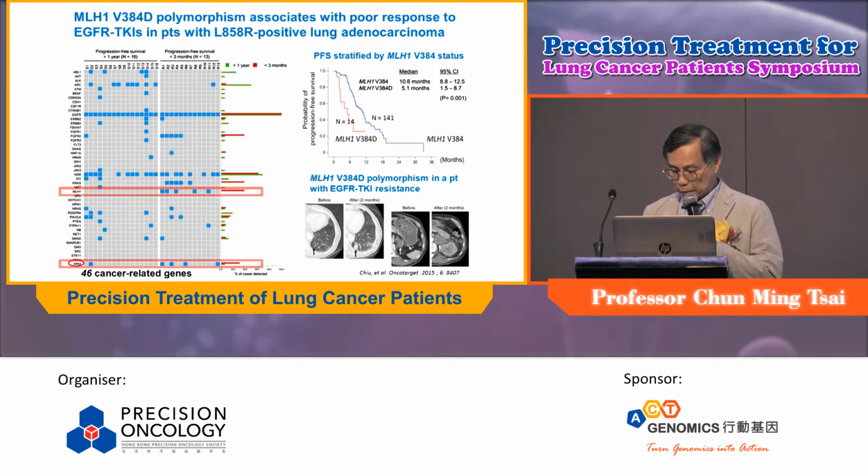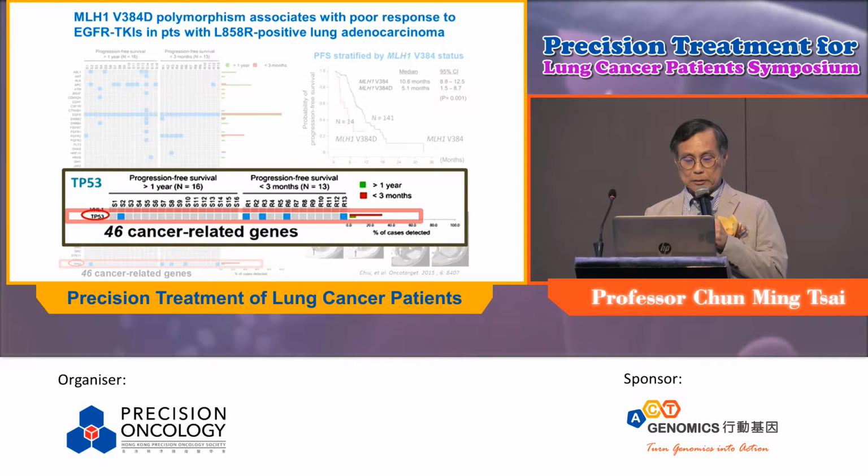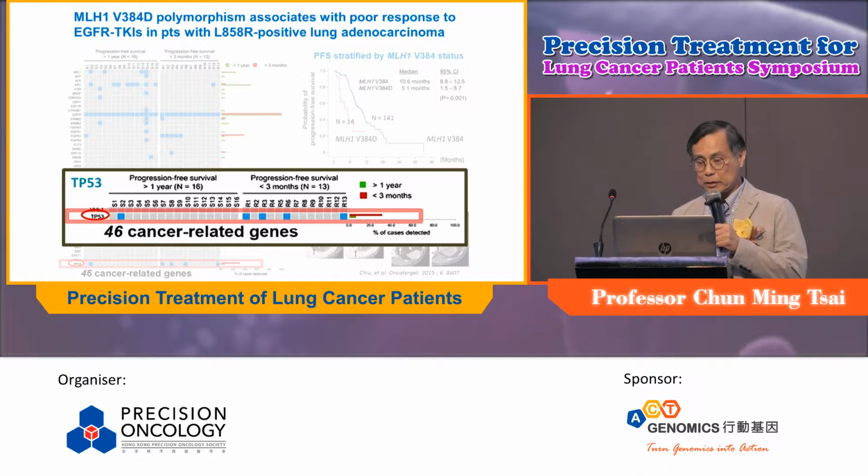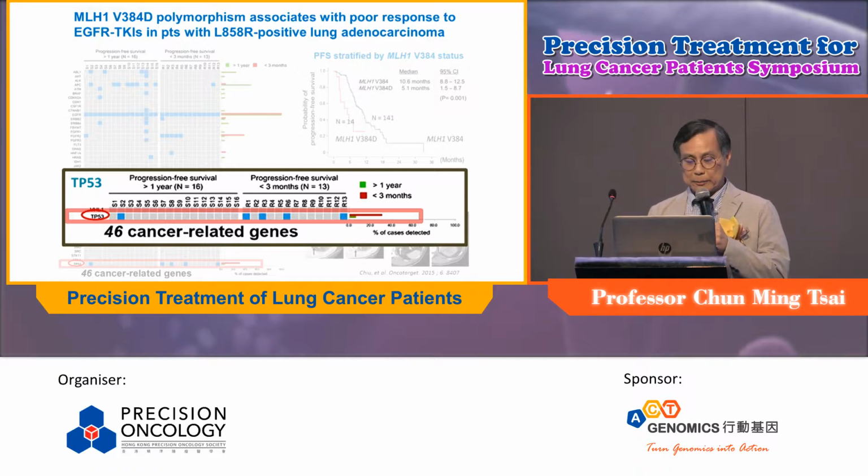In this particular paper, we also confirmed that patients who have P53 mutations have poor outcomes. The patients whose progression-free survival period was less than 3 months have more chance to have this kind of P53 mutations.